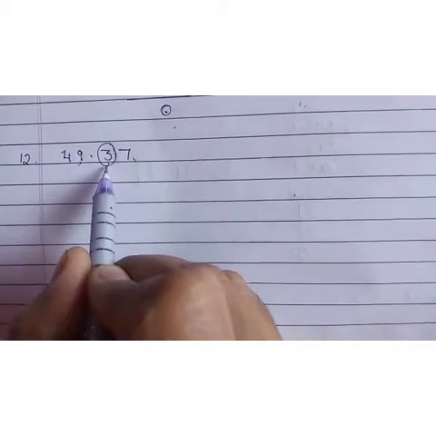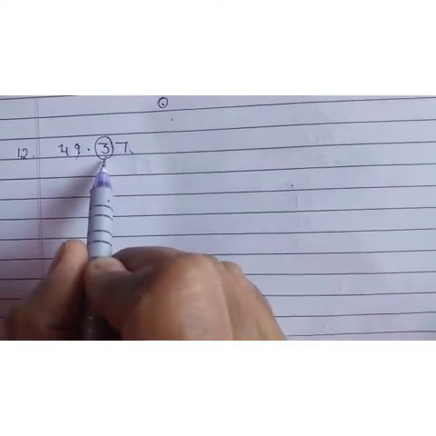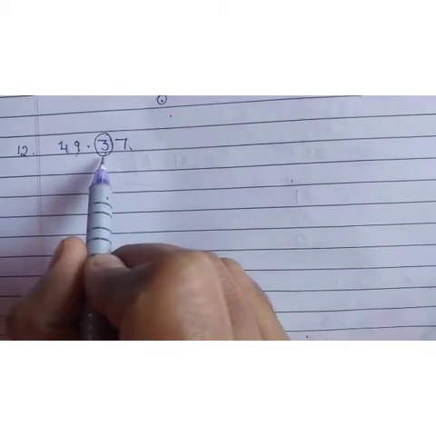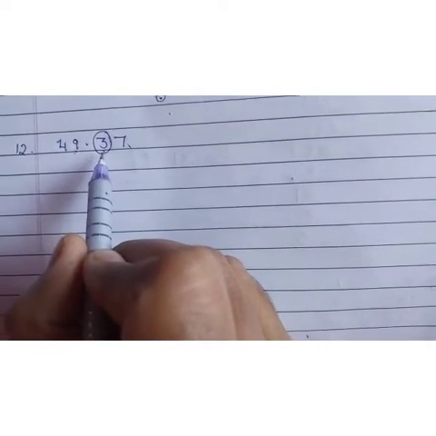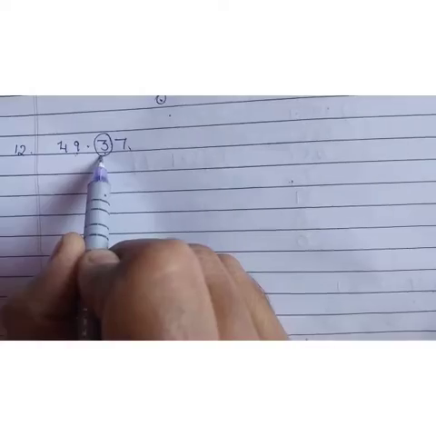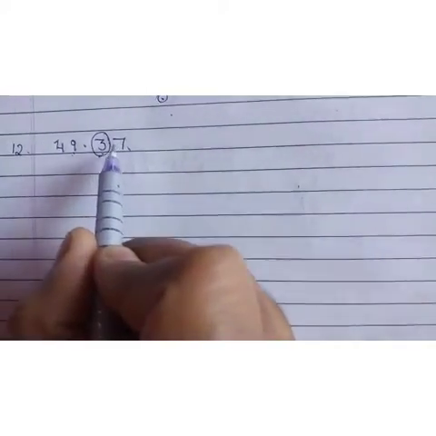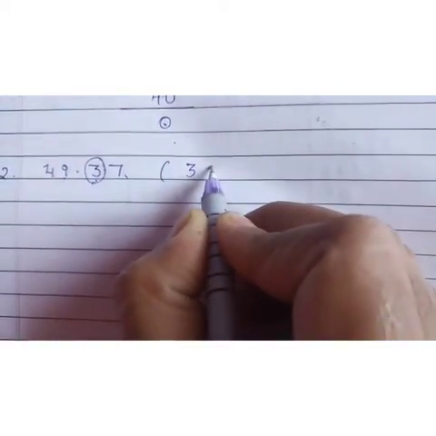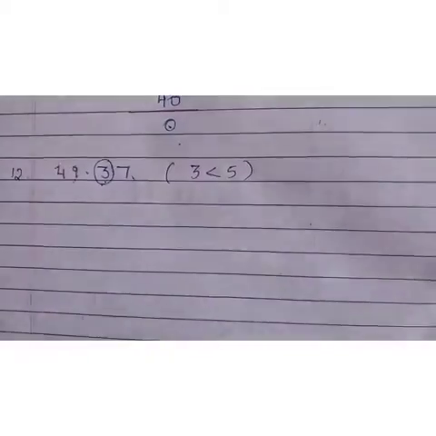Check whether the digit is greater than 5 or less than 5. If the digit is less than 5, then replace this digit as well as the digits followed by it by 0. Now here 3 is less than 5, isn't it?